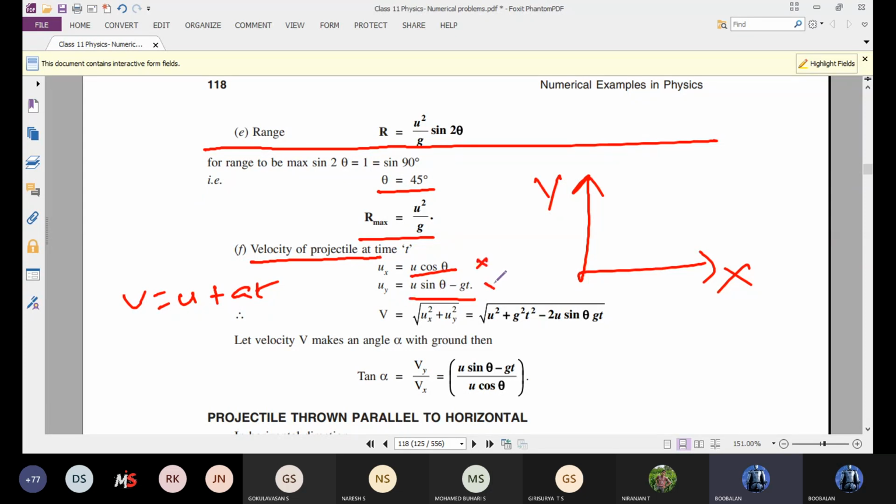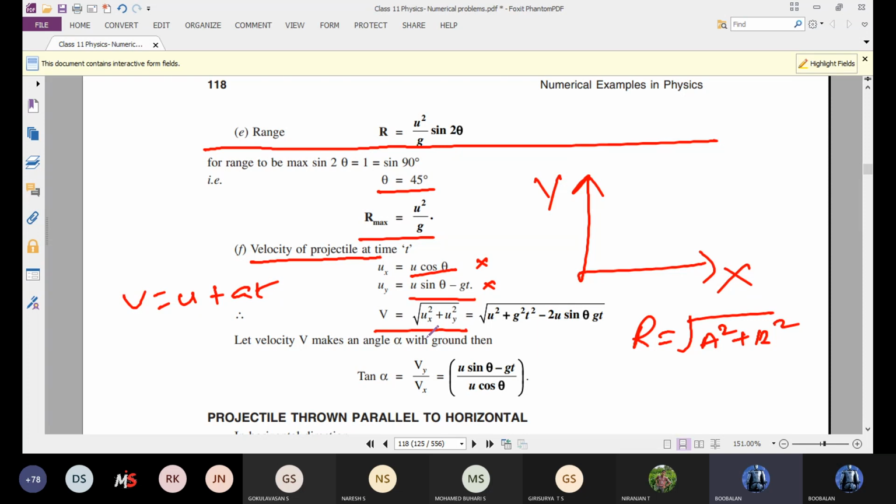Using these two formulas, the resultant formula: v is equal to root of a square plus b square. The resultant r equals root of a square plus b square.